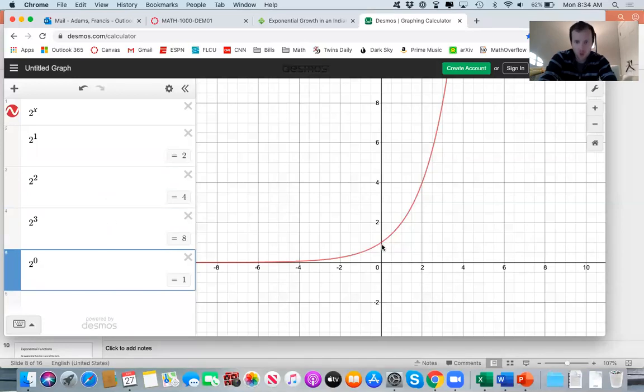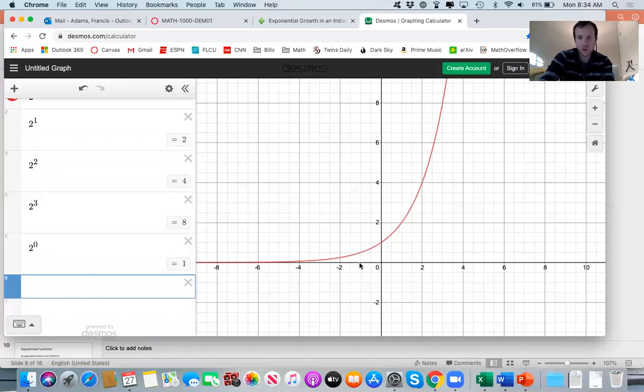2 to the 0 is 1. And in fact, anything raised to the 0 is 1. So if you have this most basic exponential function, just a number raised to x, it always has the value 1 here. Also, if we're going the other way, we're getting smaller numbers.